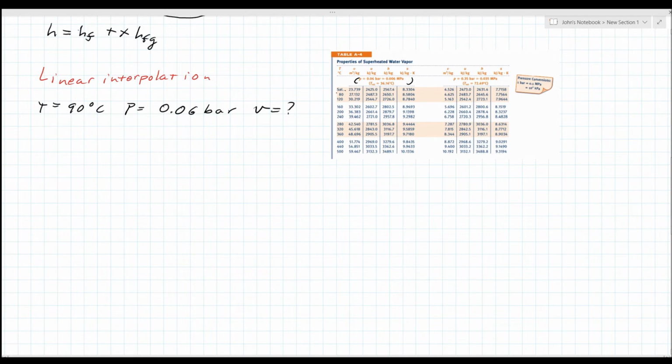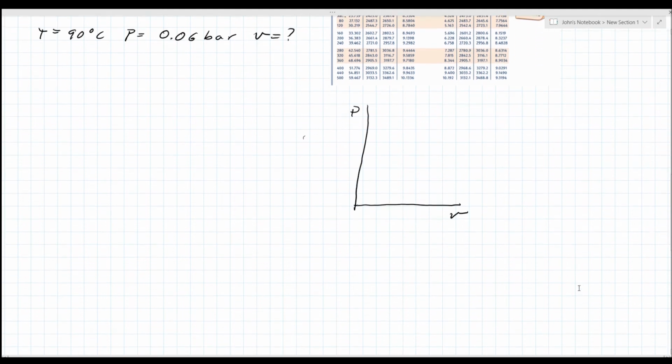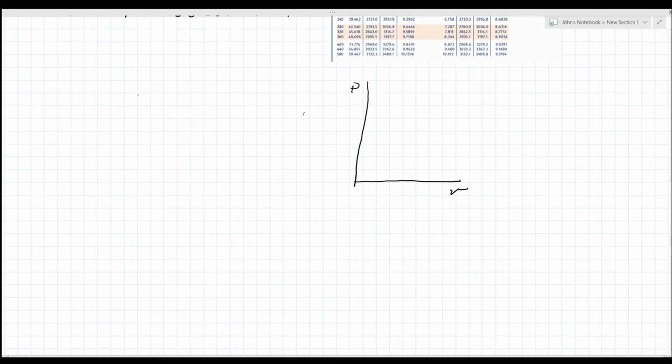How do I determine this? Well, I know the values for 80. I know the values for 120. So I can use those and create a line. So if I know on a PV scale, here, no, that's a bad axis. That's a bad graph. I'm not a good drawer. PV diagram, or PT diagram. No, that'd be a TV diagram.